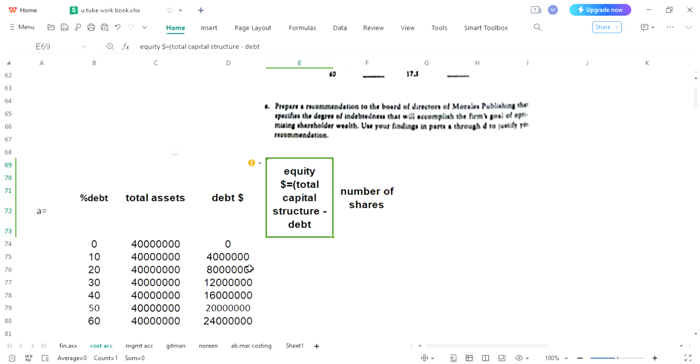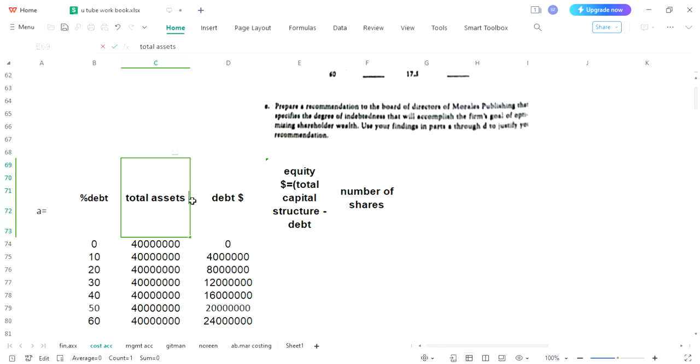This is your total capital structure or total assets. As you know, the total liability side would always be equal to the total asset side. So when total assets are 40 million, we will understand that total capital structure would also be 40 million.